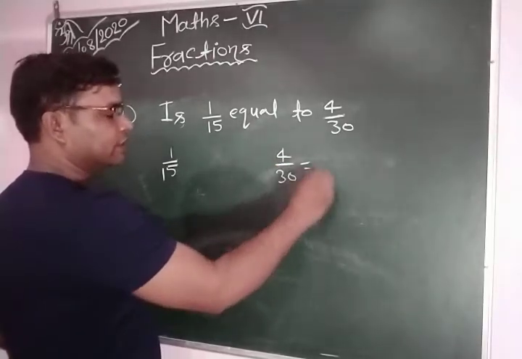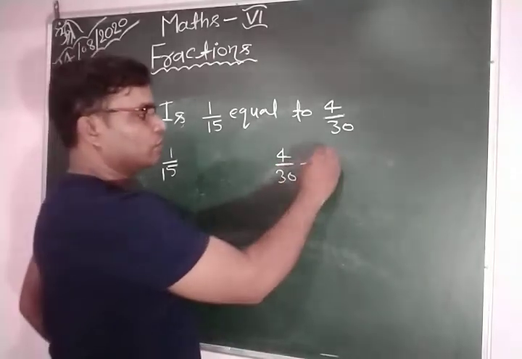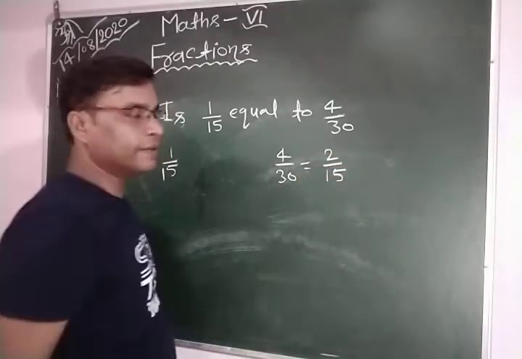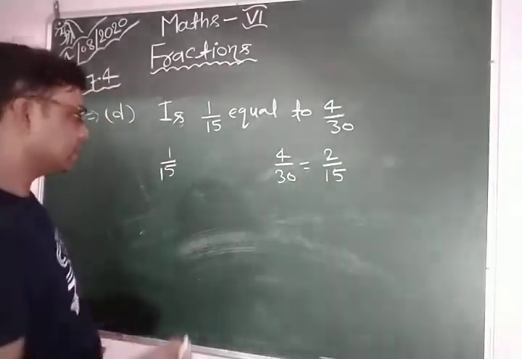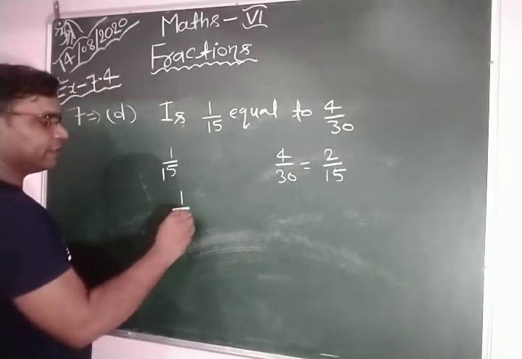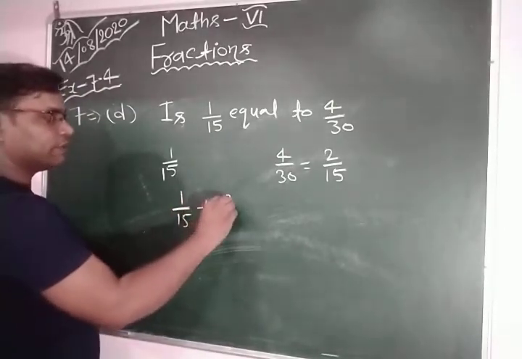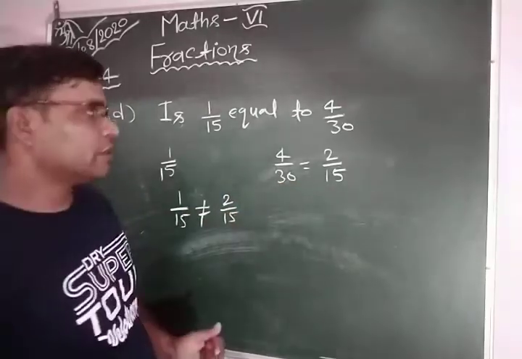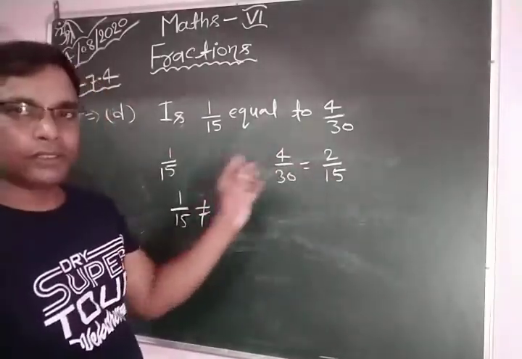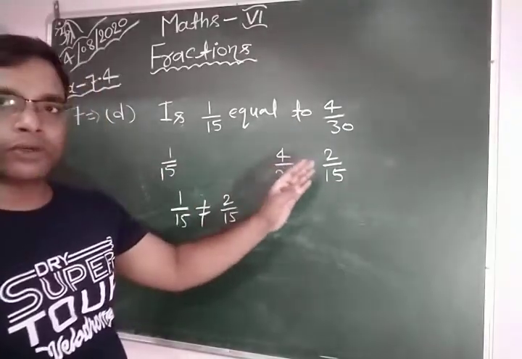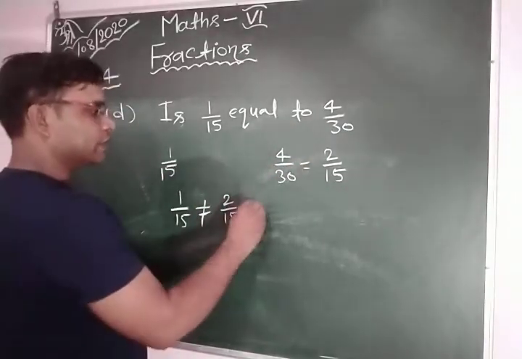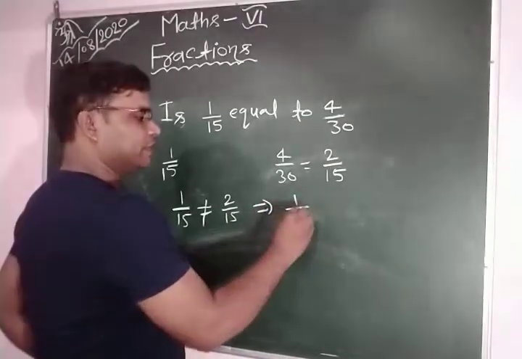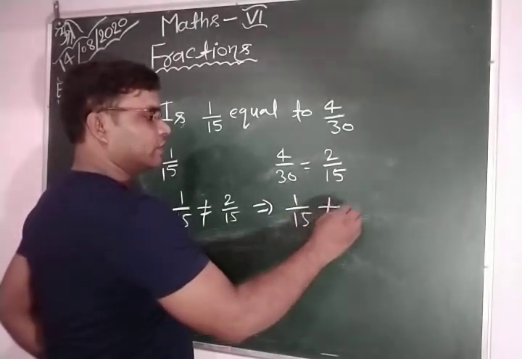If you simplify this, you obtain 2 twos are 4 and 15 twos are 30. So you can see here 1 by 15 does not equal 2 by 15, because both have the same denominators and the numerators are different. So 1 by 15 does not equal 2 by 15. This implies that 1 by 15 does not equal 4 by 30.